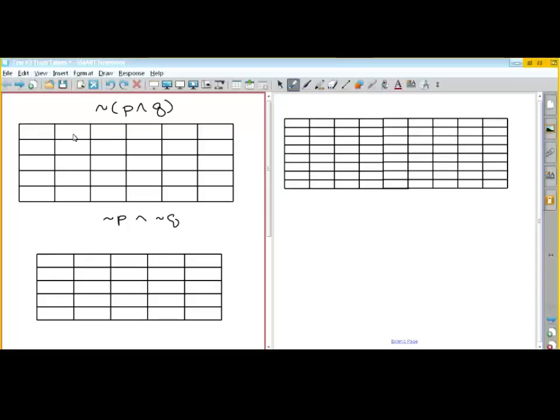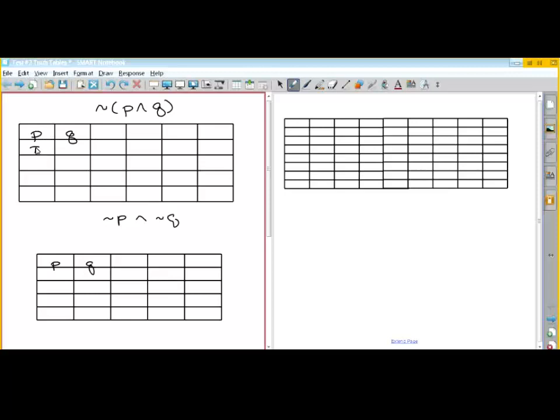Okay, so now the correct side. Again, the first two columns in these statements are just the two letters, P and Q. It doesn't matter whether the negation's there, it's just the letters. So we have P and Q, two letters, two columns. Then we have this pattern for two statement logic arguments.